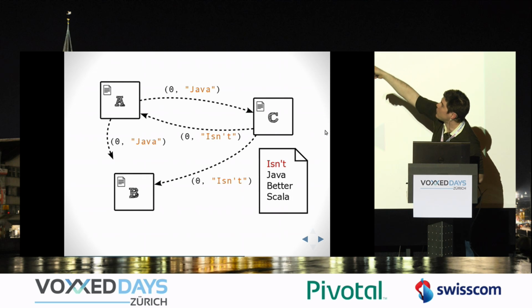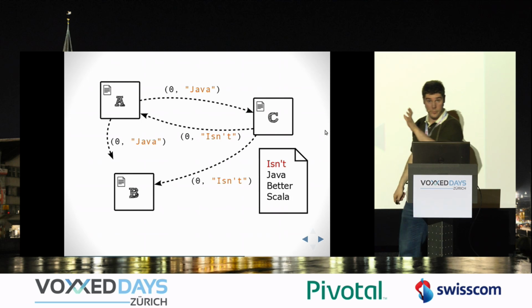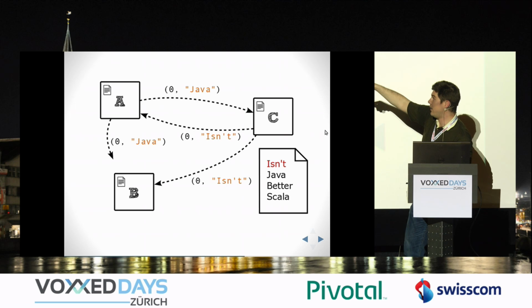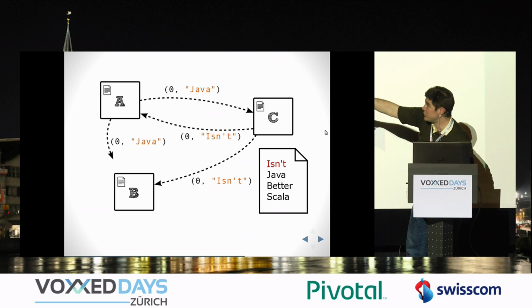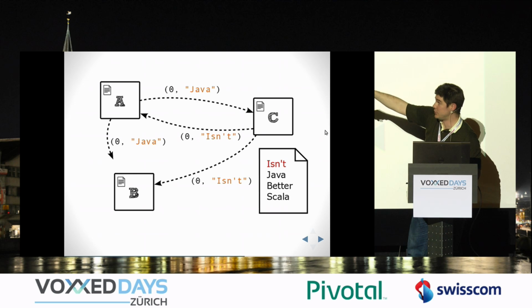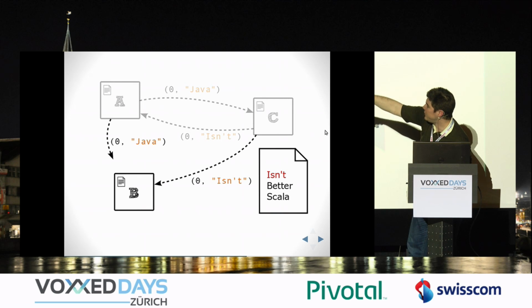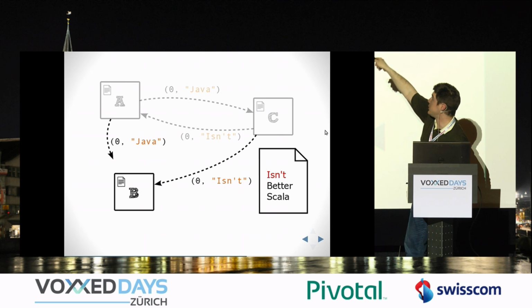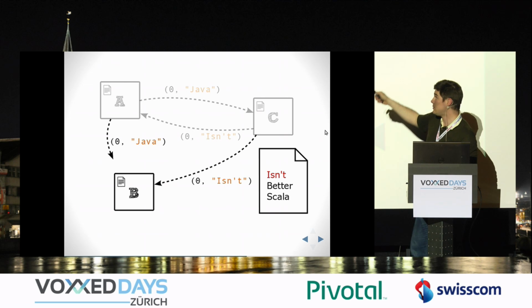And then he needs to send this update to the other participants. He does a broadcast. The problem here is if this message now reaches B, still before the initial update reached it, then what B will see at this point is actually isn't better Scala. Isn't better Scala.